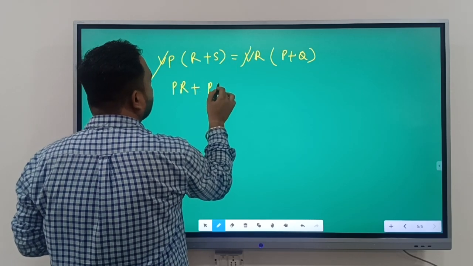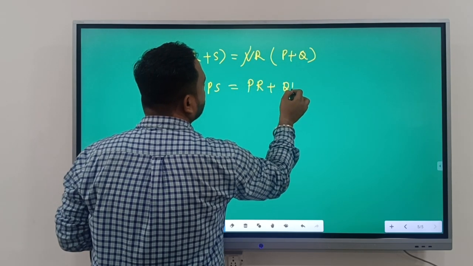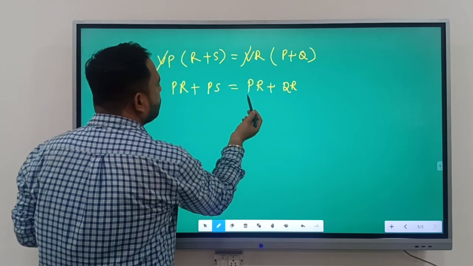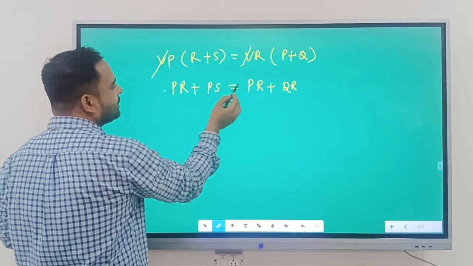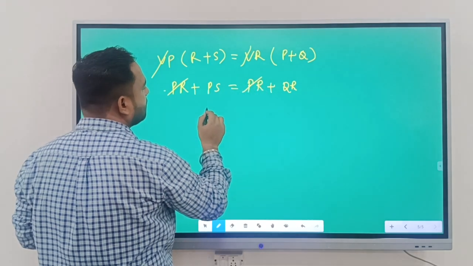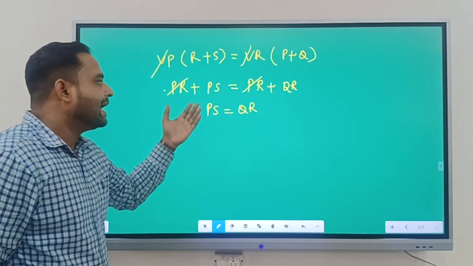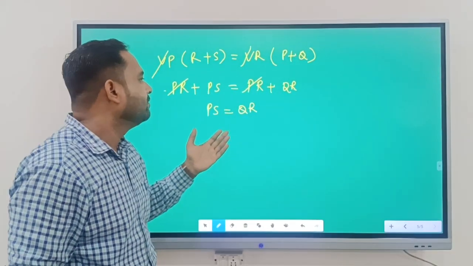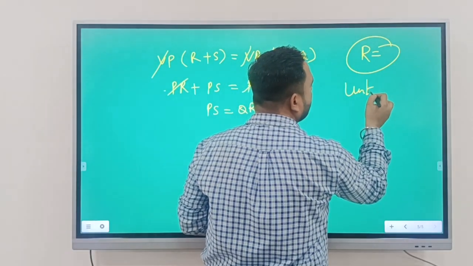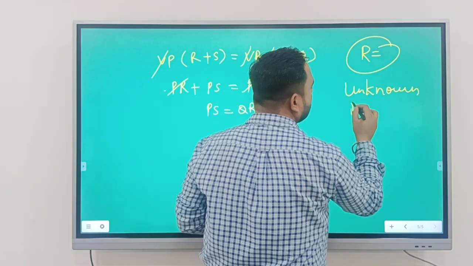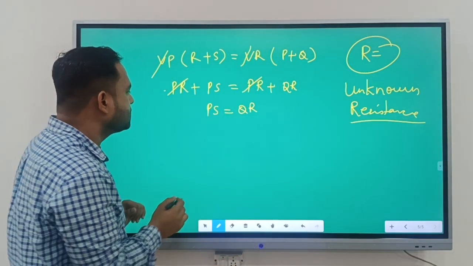PR plus PS is equal to PR plus QR. If you carry this PR across, one is positive, the other negative, so PS is equal to QR. As we saw at the start, we have to identify R, because R is the unknown resistance.